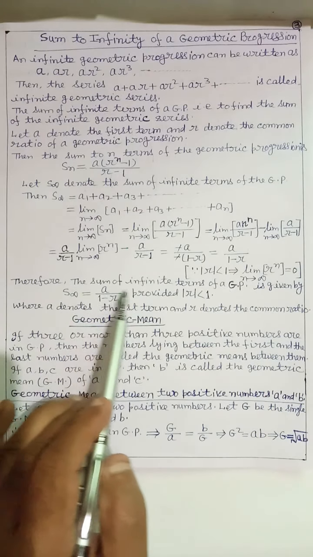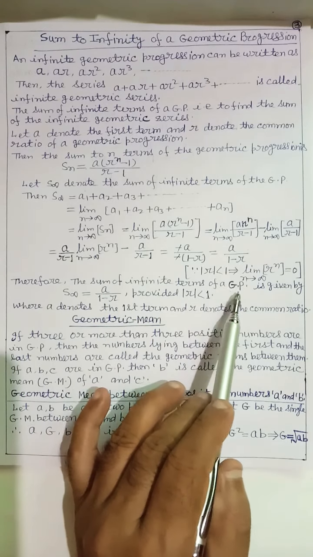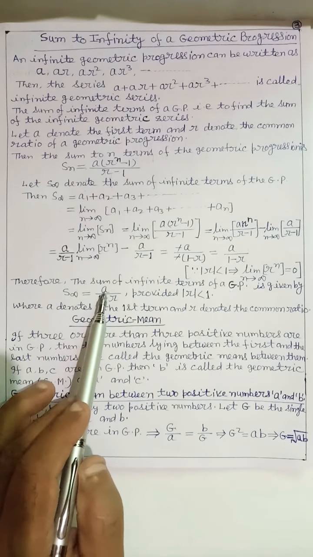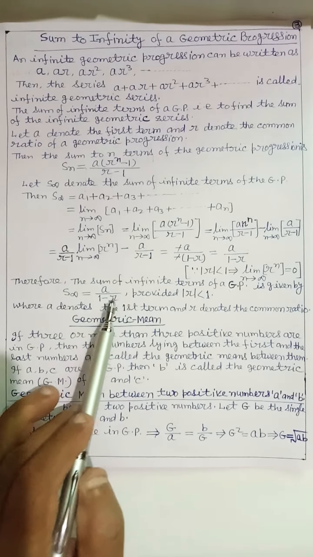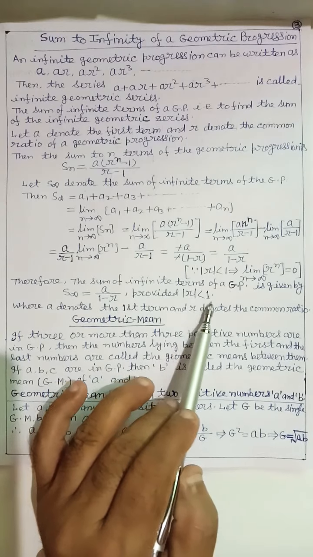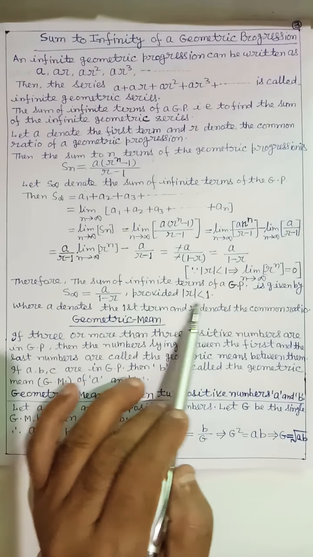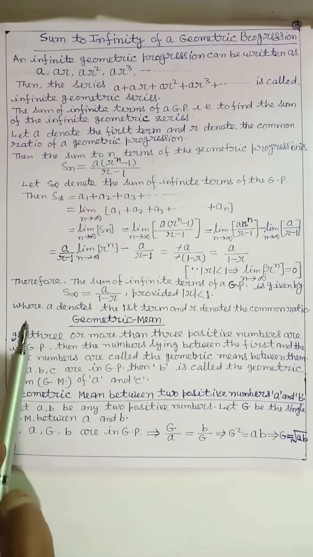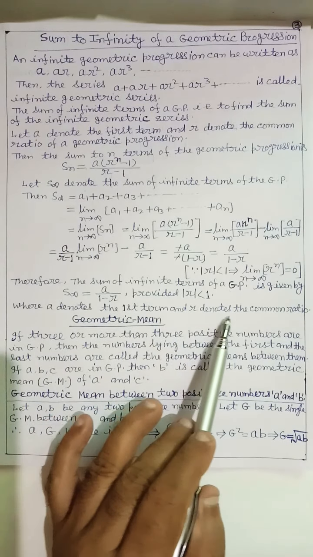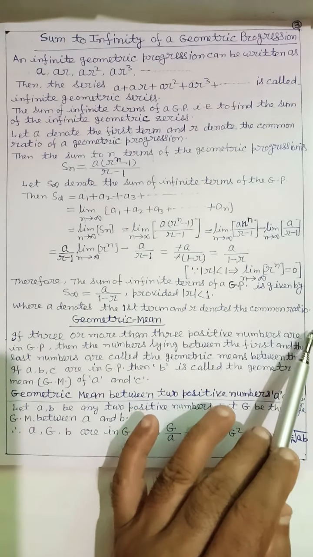Therefore, the sum of infinite terms of a geometric progression is given by S infinity is equal to a by (1 minus r), provided mod of r is less than 1, where a denotes the first term and r denotes the common ratio.